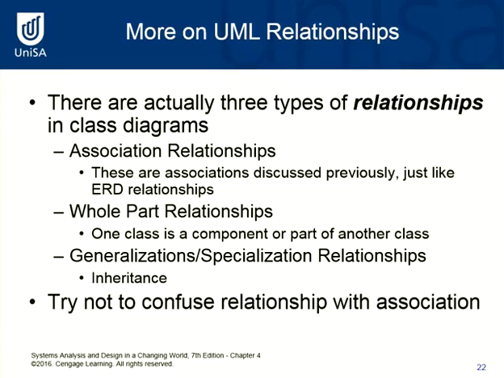We've got the generalization and specialization relationships, where we've got the superclasses and the subclasses and the inheritance going on. So we've just got the straight two classes with an association in between, or you can have your whole to part, or you can have your generalization and specialization. So they're the three types of relationships that can occur in class diagrams.